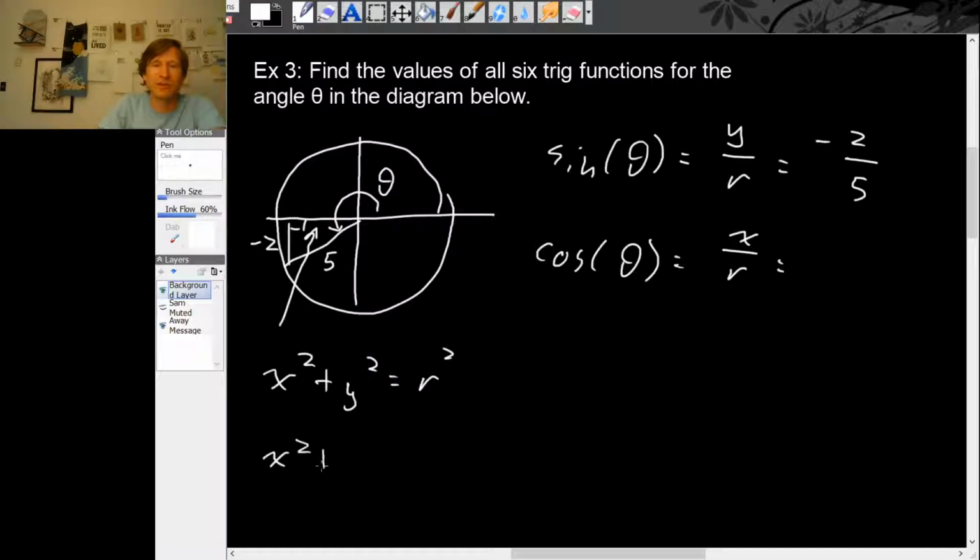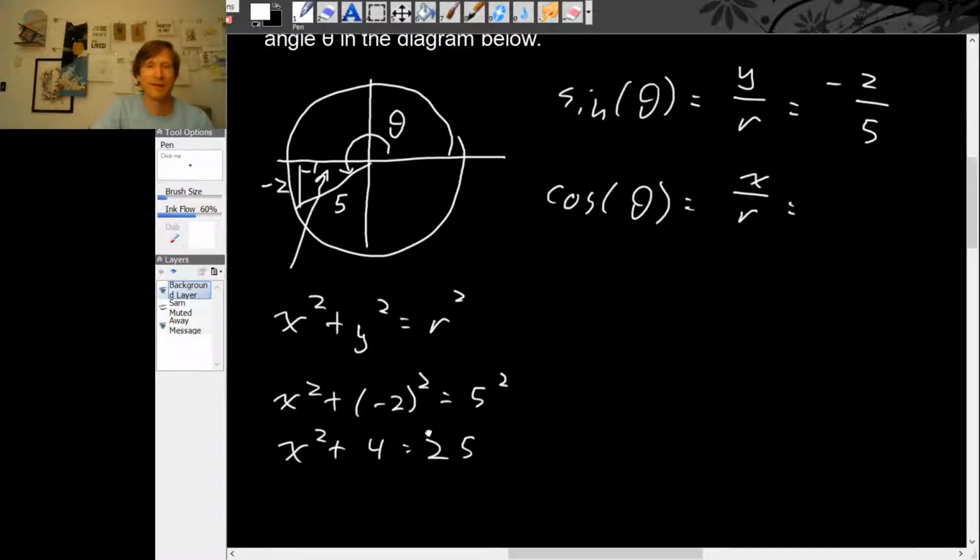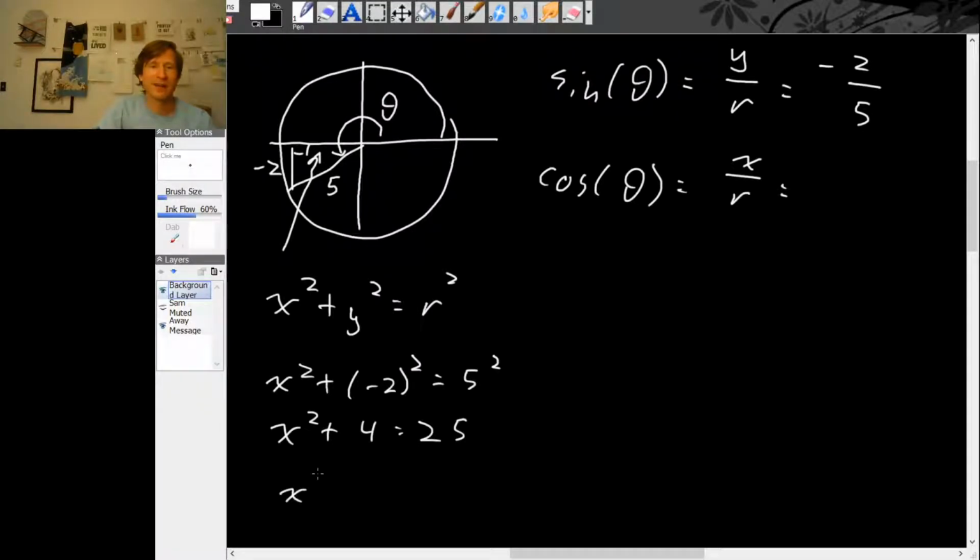So x squared plus -2 squared equals 5 squared. So x squared plus 4 equals 25. So x squared is 21. And so x is plus or minus the square root of 21.